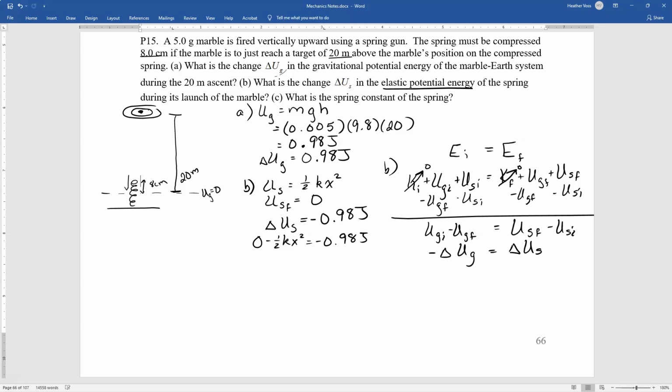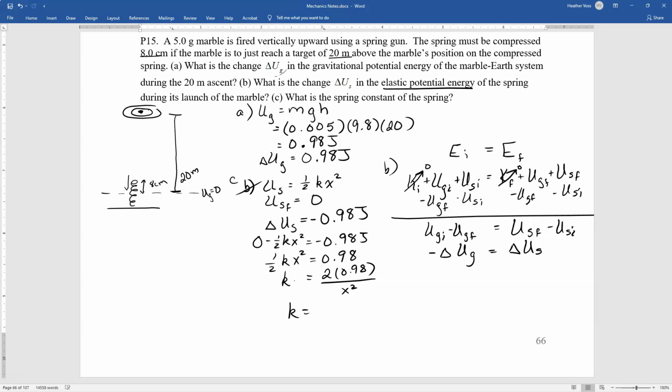This is going to be B. I'm going to reclaim this as C. So the negatives are going to cancel. 1/2 kx squared is going to equal 0.98. So I'm going to multiply by 2, so 2 times 0.98, and divide by x squared.